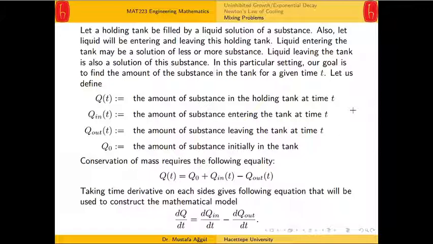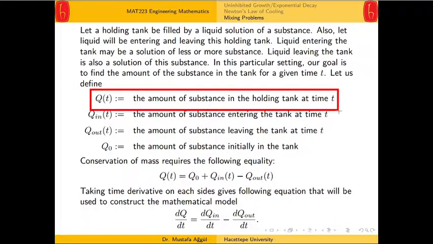First define Q(t) to be the amount of substance in the tank. Q in is the amount of the substance entering the tank, and Q out is the amount of the substance leaving the tank. These are all at time t, and Q0 is the amount of substance initially in the tank. So this is the initial amount and this is not time dependent.